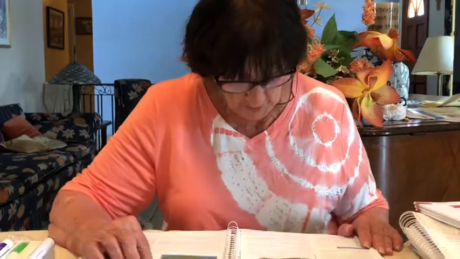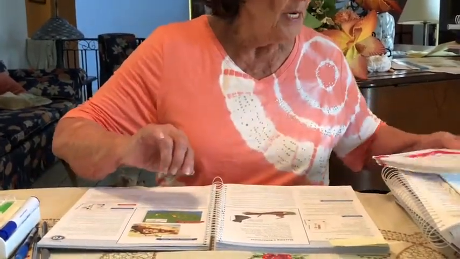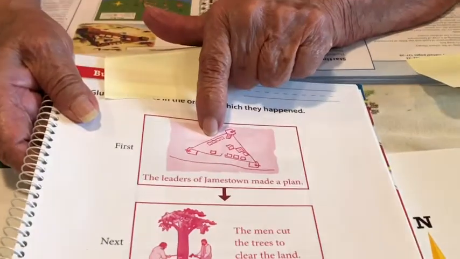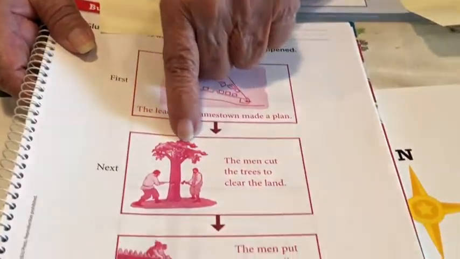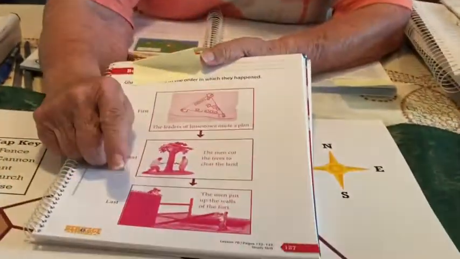So we're going to look at this fort on the top of page 133, and we're going to kind of build a fort here. I'd like you to look at this. This is their plan that they planned first, and we're going to do this plan. Then what they had to do was cut down the trees, and then putting up the fence of the fort, the walls. And you could see, remember the story that we read about Daniel Boone?